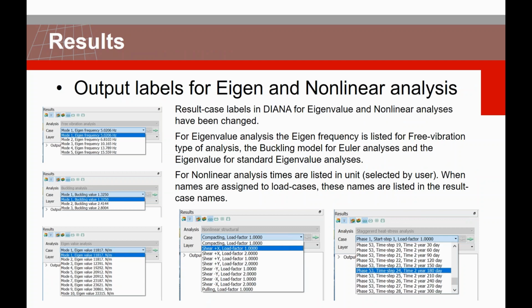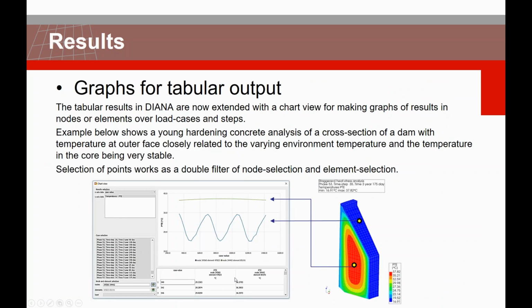In 10.2, you can now label your outputs for eigenvalue and nonlinear analysis, and in the drop list of your output, you can see your labeled outputs, which are very useful and handy in terms of the identification and inspection of the results.